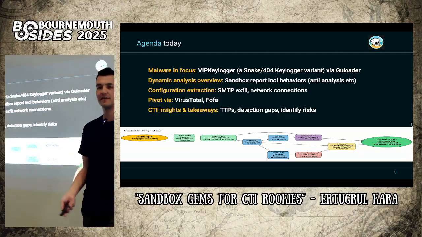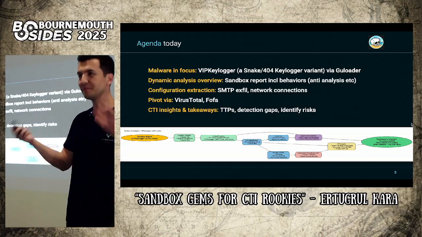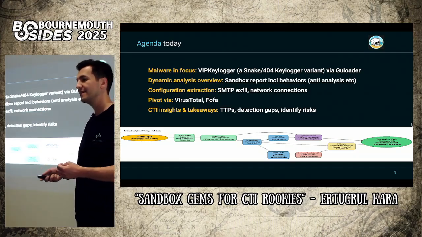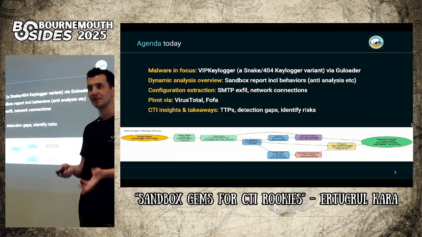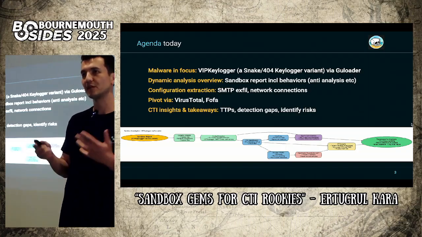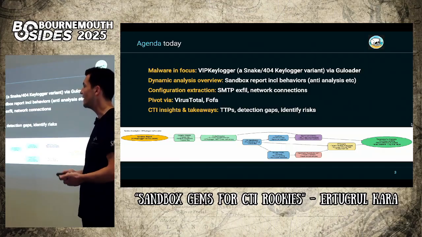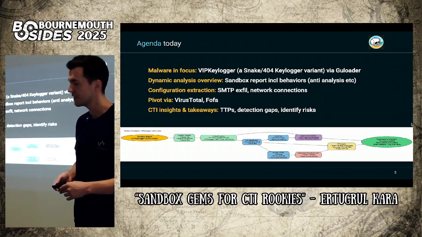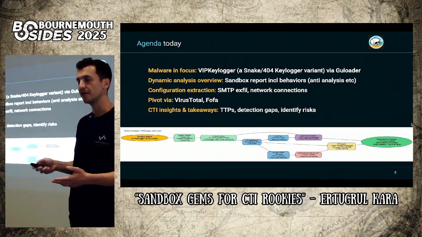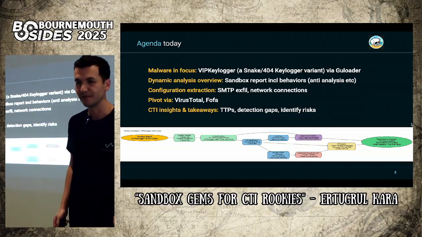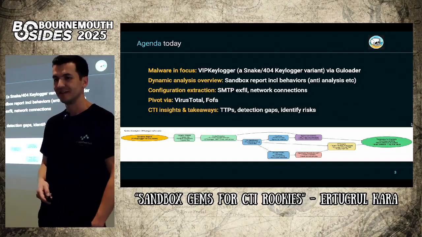So I'm going to share my mind map, from where I started and where I have gone, looking at the Sandbox report outputs from a CTI mindset, and how I can gather some insights. So we will go through the config extraction, and we will also do some pivoting as time allows. And at the end, we're going to come up with some shared insights.